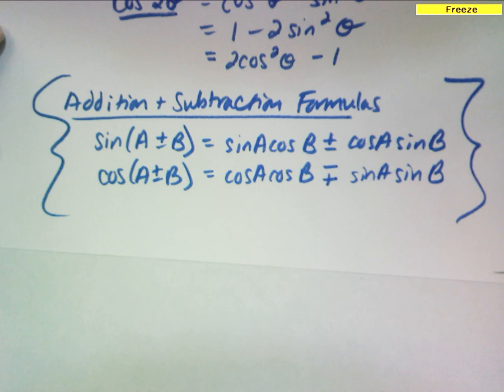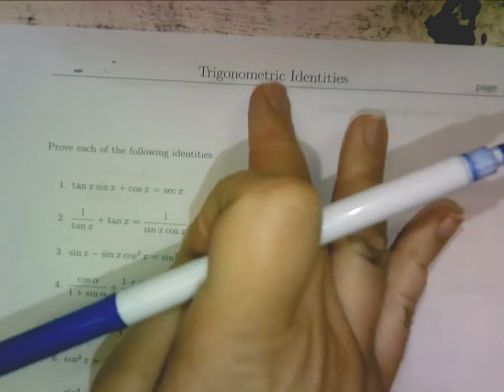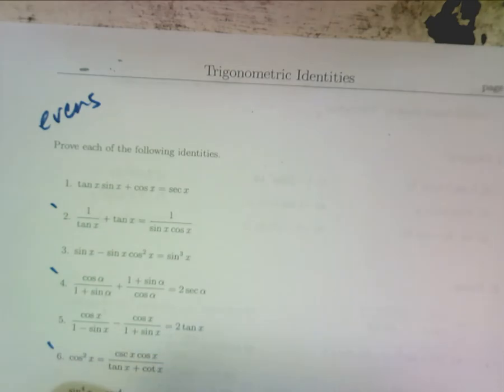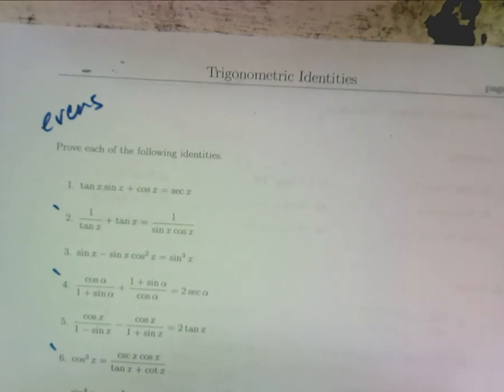Now, I'm going to be very kind to you. I'm going to do 2 of the problems from your homework tonight. And by the way, your homework: give me your homework real quick, Woody. Okay. On the front side, this side right here that says trig identities, you are just doing the evens. You're welcome. Just the evens.